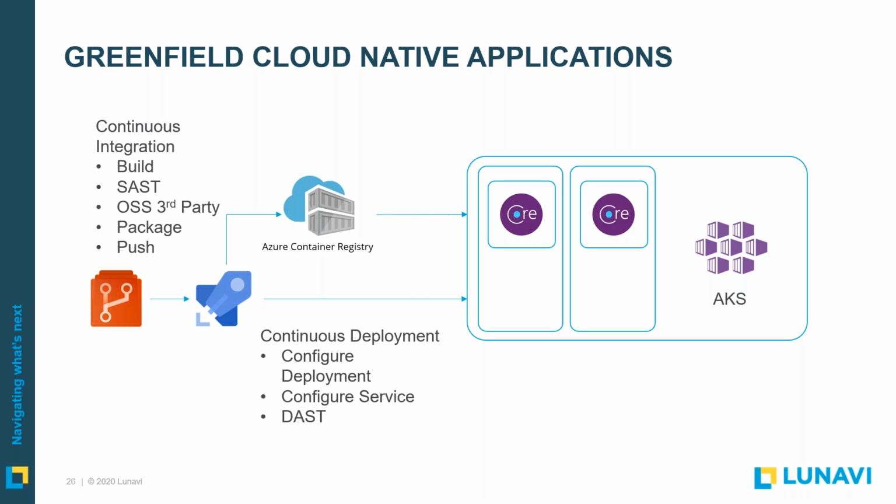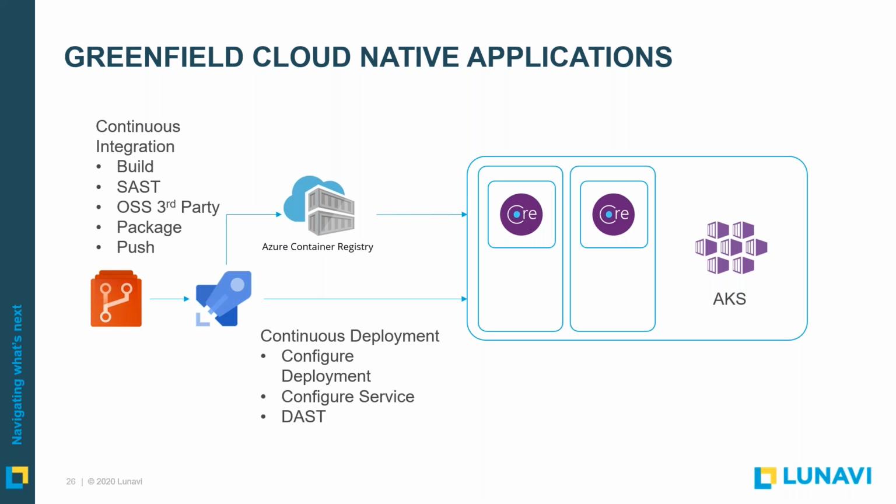So we're scanning to make sure we weren't using any third-party packages that had vulnerabilities. We packaged that up, submitted that to our container registry, and then from there we were doing our deployments to Azure, where we configured the deployment, and then we configure our service.